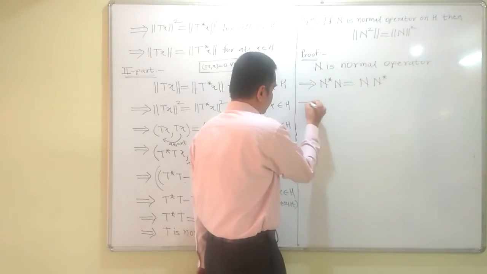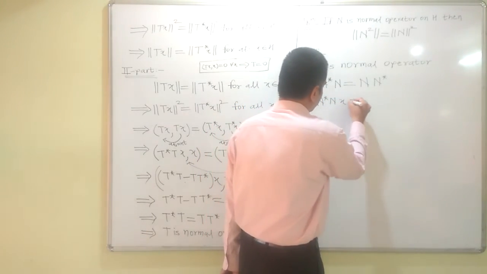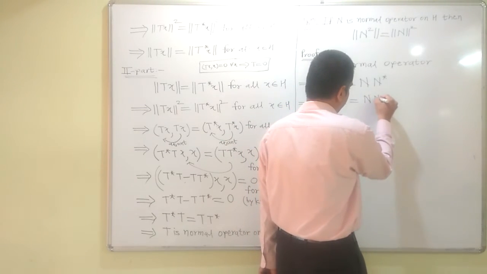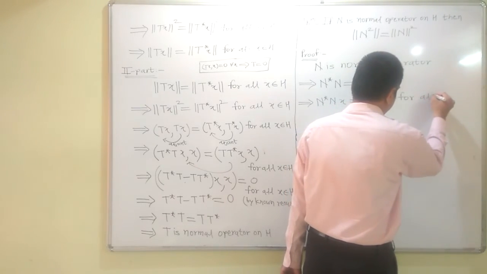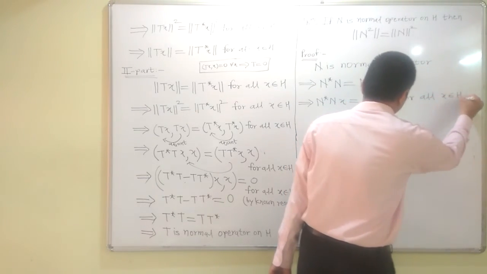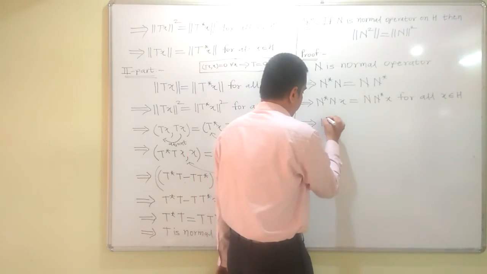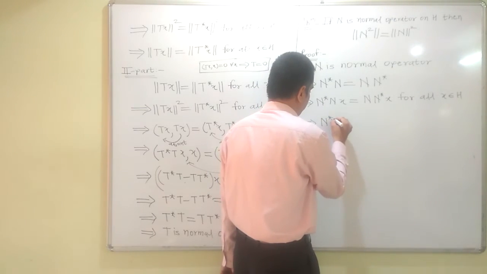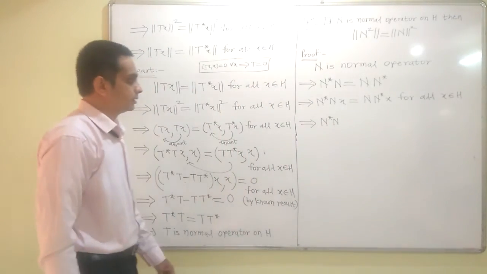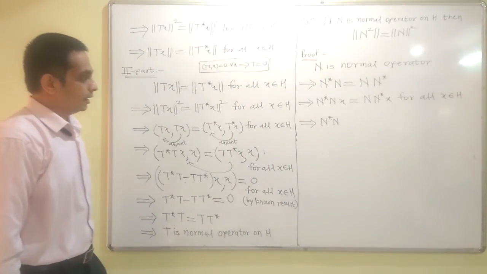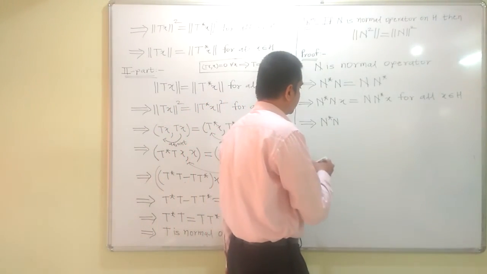This implies that N*Nx is equal to NN*x for all x belongs to H. I could take the composition with N itself.